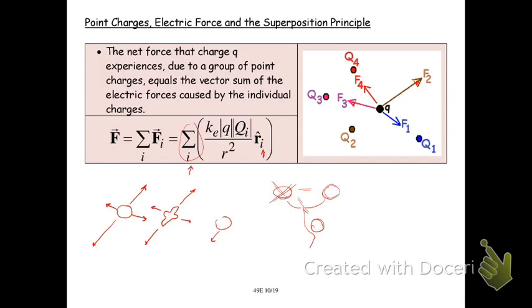What can you tell me about the signs of those two charges? The opposite. And what can you tell me about those two? Same. They must be the same. And so on. I'm just trying to encourage you to look a little bit deeper sometimes.